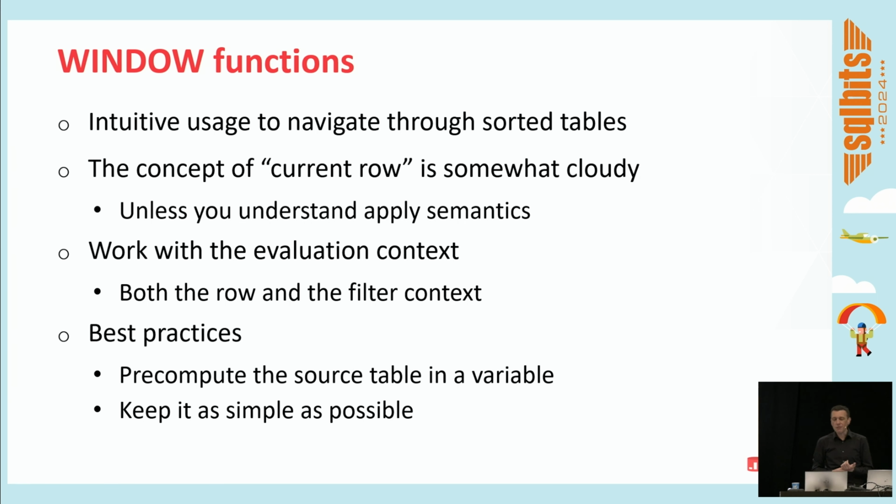It's related to row context and filter context, and unifies the two concepts together, but it takes some time to get used to it. I have to confess, I still rehearse the session 30 minutes before to make sure I don't make too many mistakes, so it takes time. So, best practice: pre-compute the source table in a variable, so you can inspect it. Keep it simple, because it's always the best thing to do.